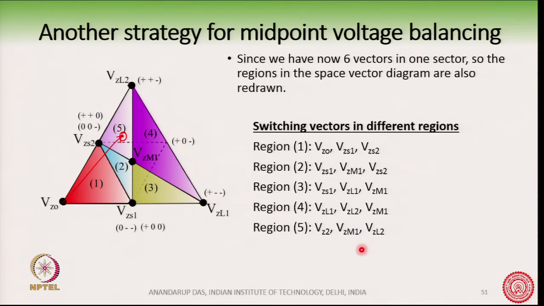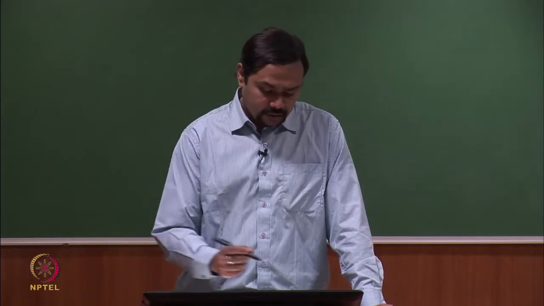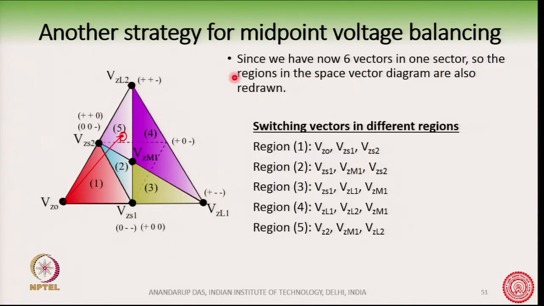So, if the reference vector is here in region 5, we will switch Vzm1, Vzl2 and Vzs2. Again the same principle of volt second balance we will apply here also, so that we can realize the reference vector.